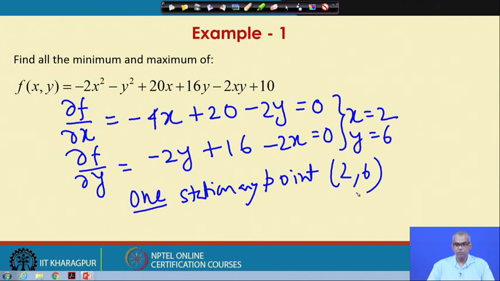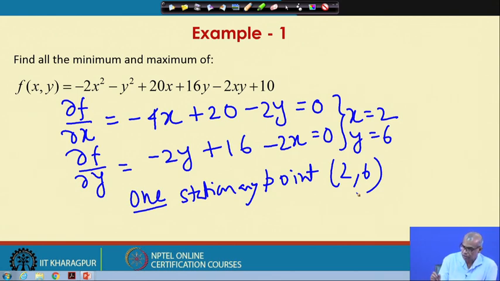So, to find out if this 2, 6 is maximum or minimum or saddle point, we have to now find out the Hessian matrix.